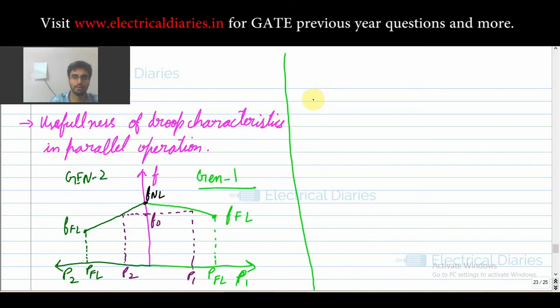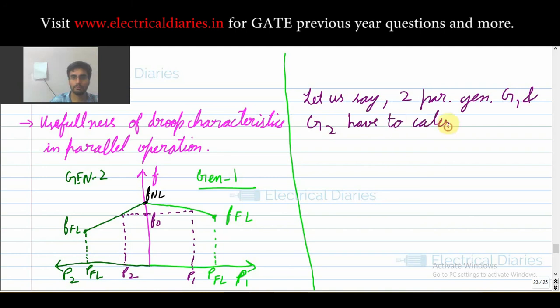So what I am saying is, let us say two parallel generators G1 and G2 as shown in the figure have to cater load PL.